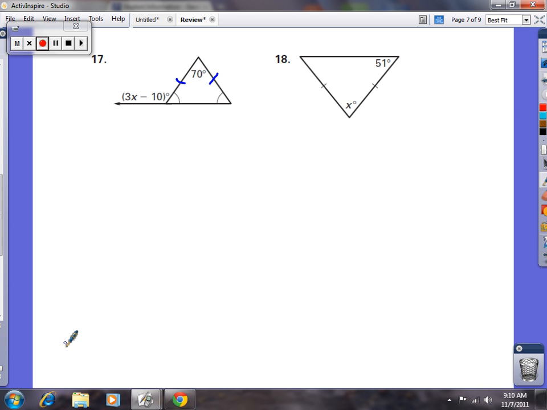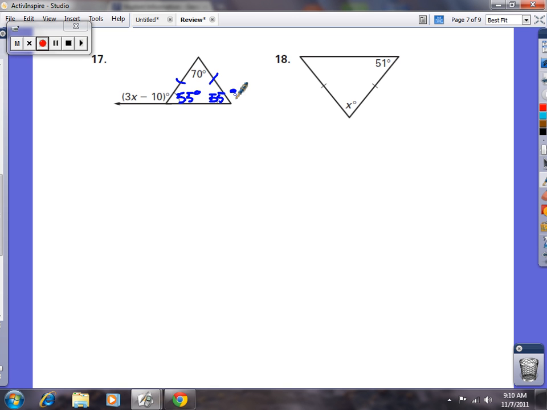So can you figure out the size of these two angles, Devin? How big are they? How did you get 55? How did you know they add up to 110? Okay, so there's always 180 in a triangle. If they're using 70, that means there's only 110 left. And if these two are equal, it's just that cut in half.